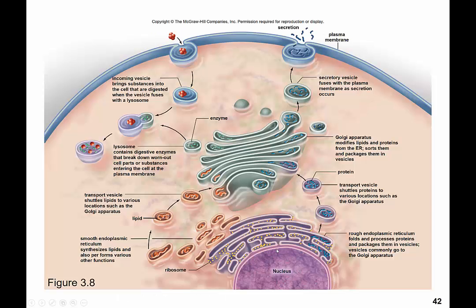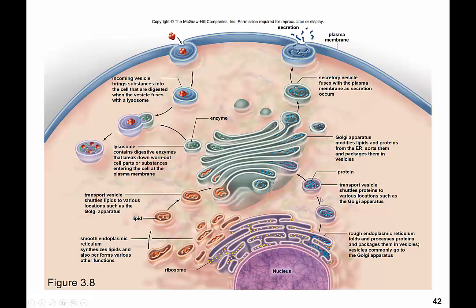So looking at the nucleus here and the endoplasmic reticulum, with the rough endoplasmic reticulum, this is where proteins are folded and processed and then packaged into vesicles, these little membranous sacs that can transport items throughout the cell.